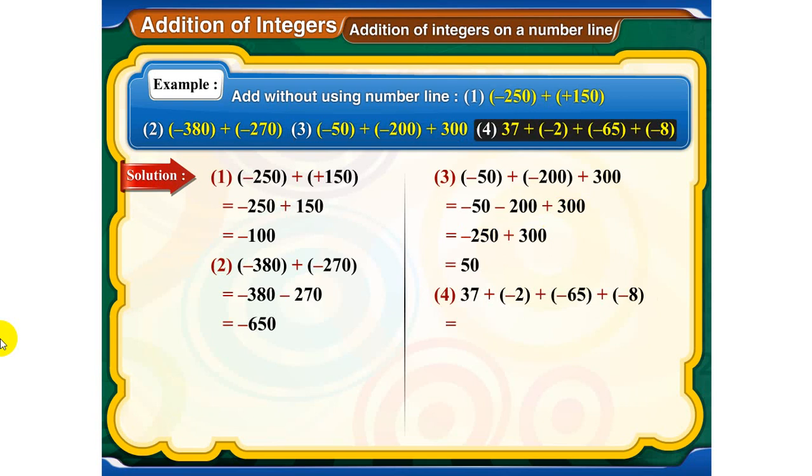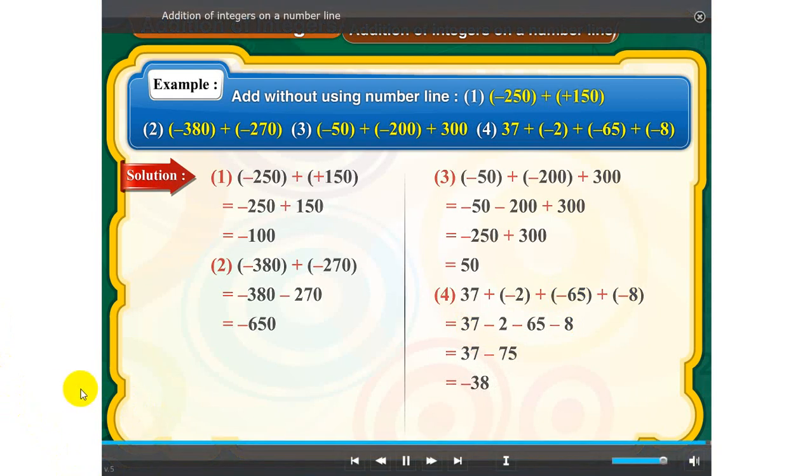This is equal to 37 minus 2 minus 65 minus 8, which is equal to 37 minus 75, and that is equal to minus 38.